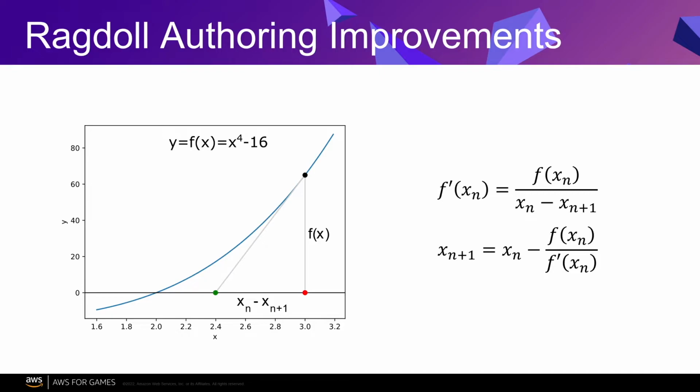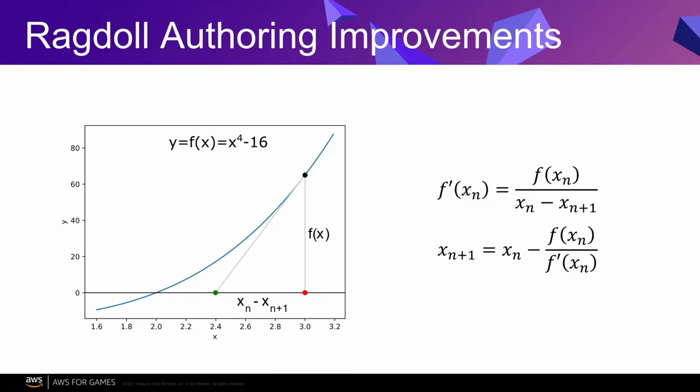The method proceeds by looking at the gradient of the function at that point and extrapolating downwards towards 0, and using that to construct a new estimate for the value of x that will give you the 0 for the function. That's represented by the green circle on the x-axis. And you can see in this case you're getting closer to the actual 0 of the function, which is at x equals 2.